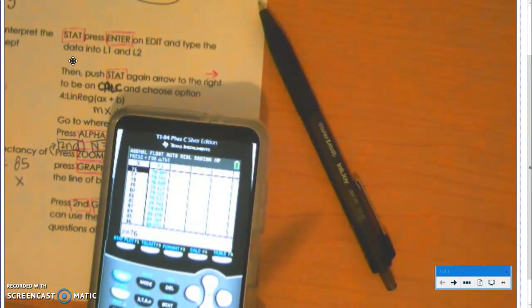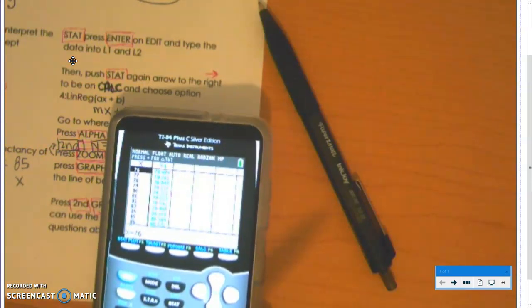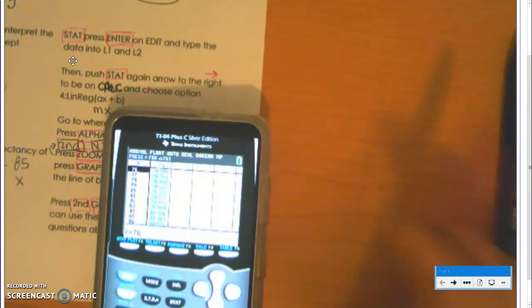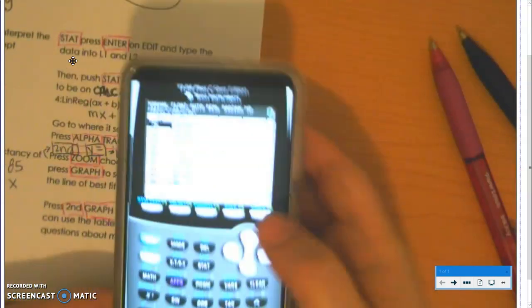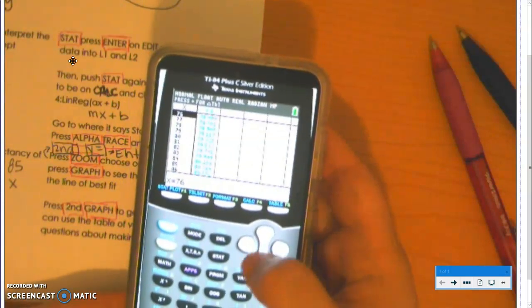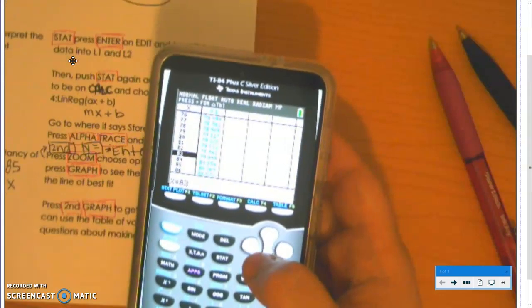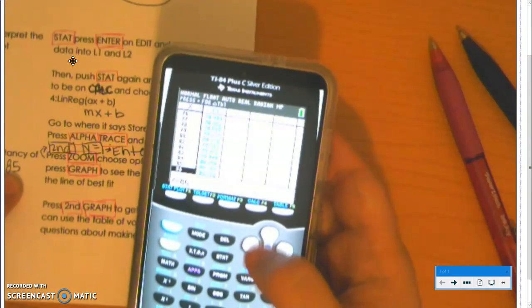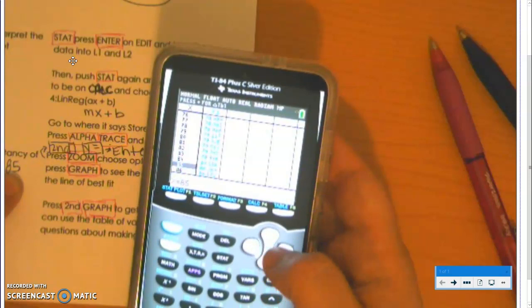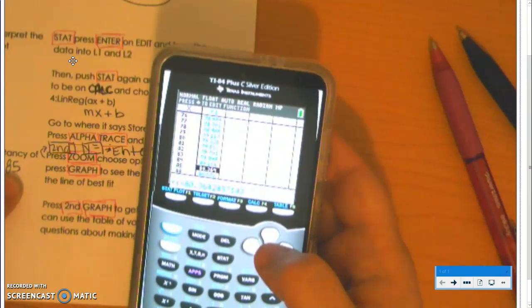So if it takes you a little while to just scroll up and down until you find it, then just deal with it because it's too easy to get it wrong. Like, don't give up now. We did everything that we're supposed to do. Now I just have to have the patience to go through my table. So 2015 is 85 years. So if I look at 85 on my table, it says 80.36. So that's my answer.